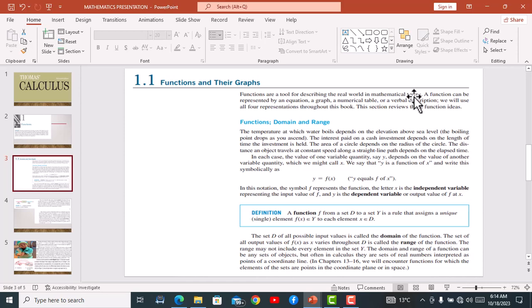Understanding the fundamental laws of mathematics allows us to manipulate that which is visible and invisible in the world that we occupy. Very important that functions are a very useful tool for describing the real world in mathematical terms. A function can be represented by an equation.